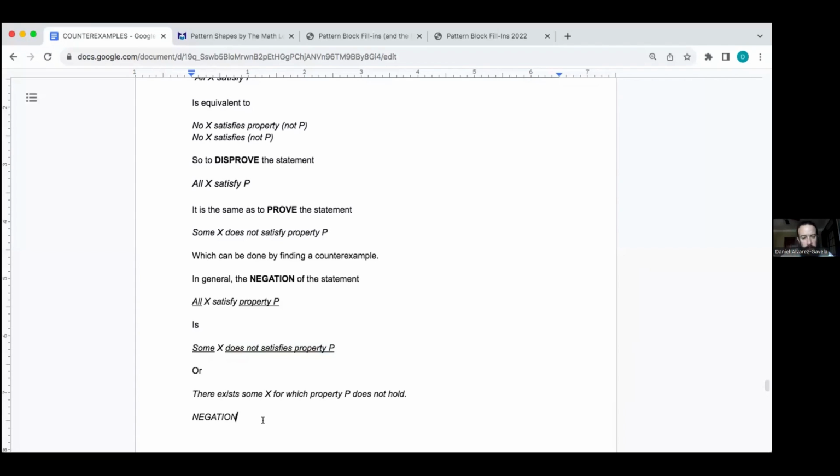So what is the effect of negating a logical statement in mathematics? This is true in all generality. The effect of negating a mathematical statement is that all is swapped for some, and property P is swapped for not property P.